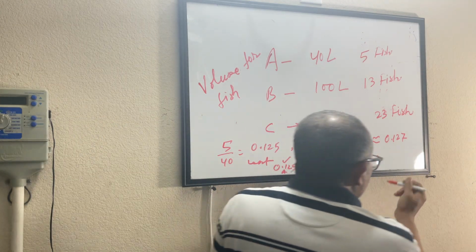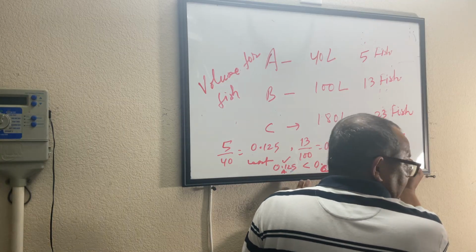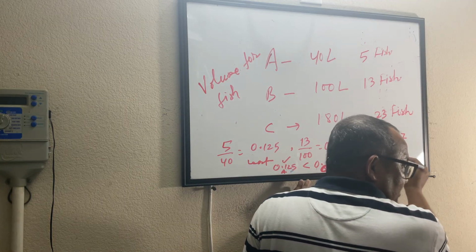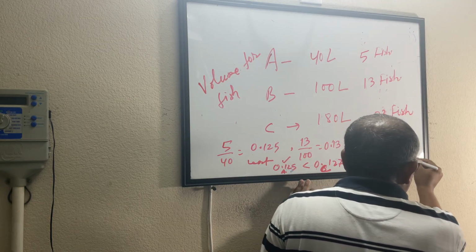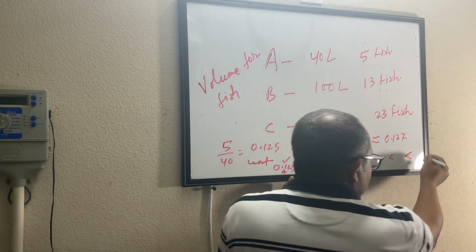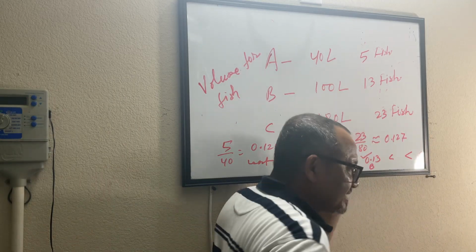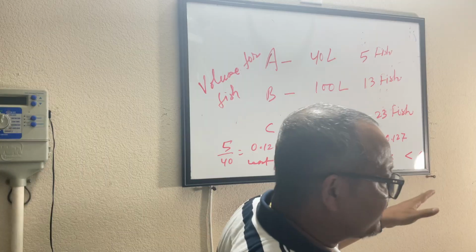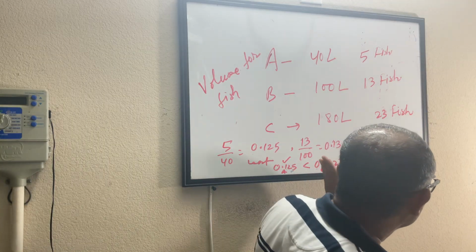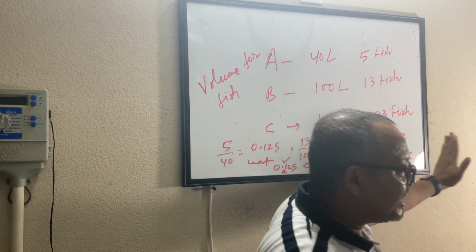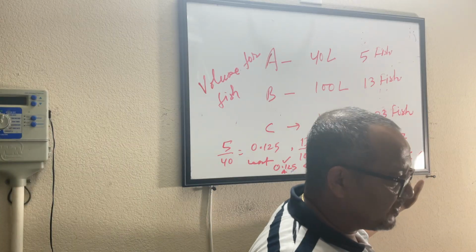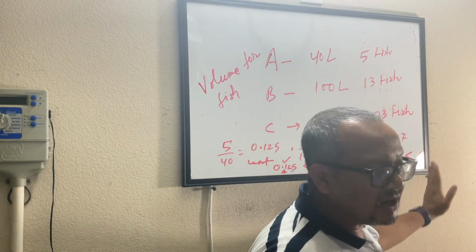In tank A, I am using this many liters per fish; for tank B, this many; for tank C, this many. Then arrange them in increasing order: the least first, bigger in the middle, and the biggest at the end.